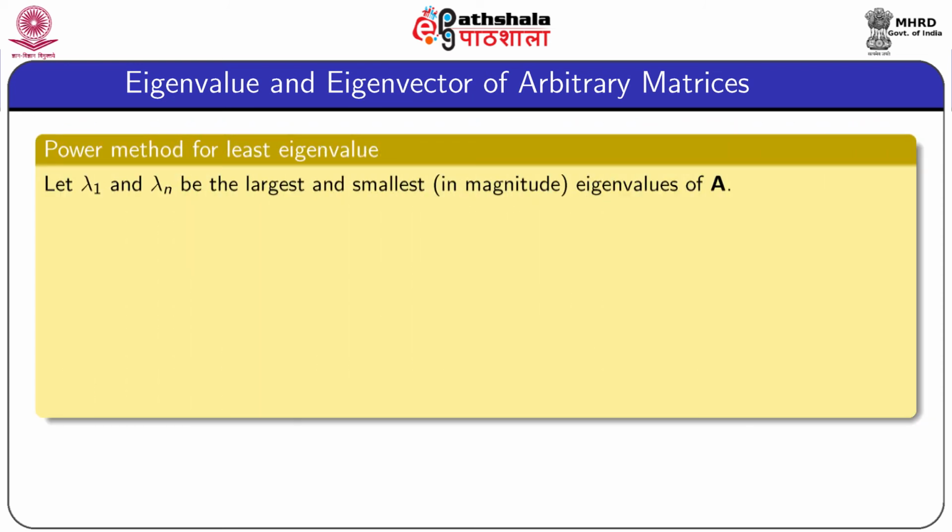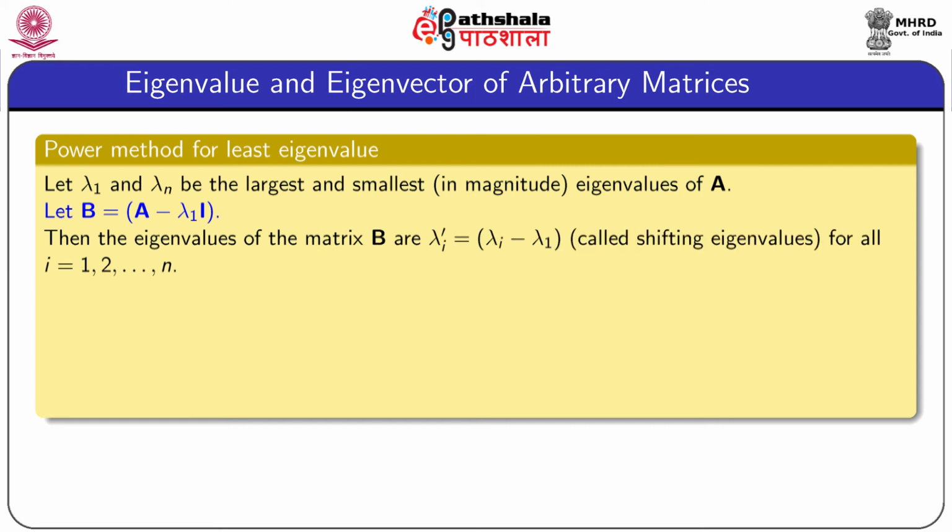Also the power method can be applied to find the least eigenvalue of a matrix. For this purpose we assume that lambda 1 and lambda n are the largest and smallest in magnitude eigenvalues of the matrix A. Let an intermediate matrix B be equal to A minus lambda 1 I. Then the eigenvalues of the matrix B are lambda i prime equal to lambda i minus lambda 1, according to the shifting eigenvalues property.